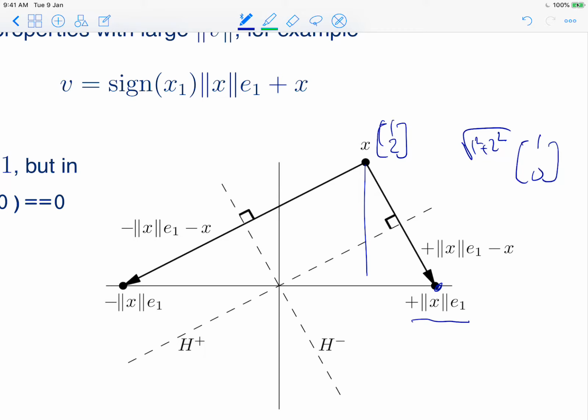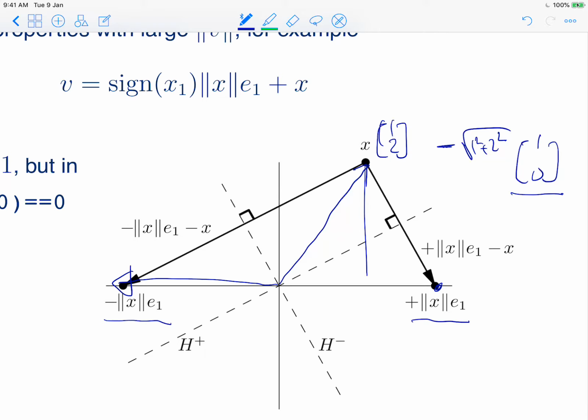Is that the only solution for our reflection result? Actually, another answer exists in this form: 1 times negative, 0 times this. In this case, we start from this vector, and we choose another vector that has the negative sign on the first dimension, and all the rest of the entries should be 0.